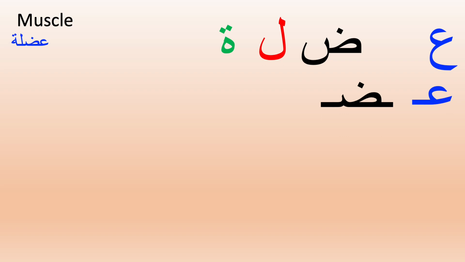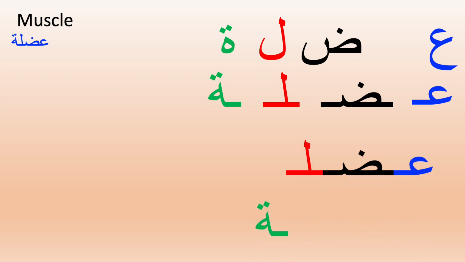The lam as well will connect at both sides, to the right to connect with the dad, and to the left to connect with the following letter, the t. So basically it gets this shape. The whole word will take this shape, عضلة. That is the final shape of the word.